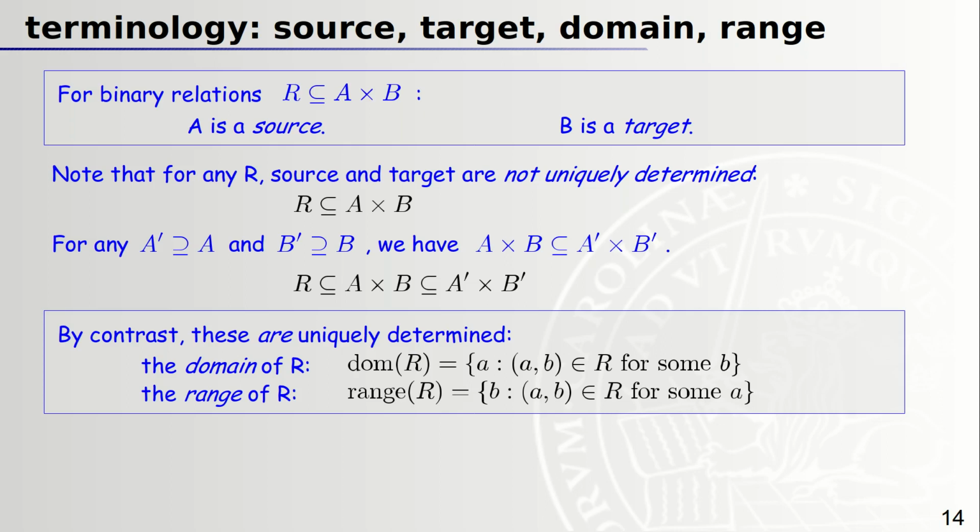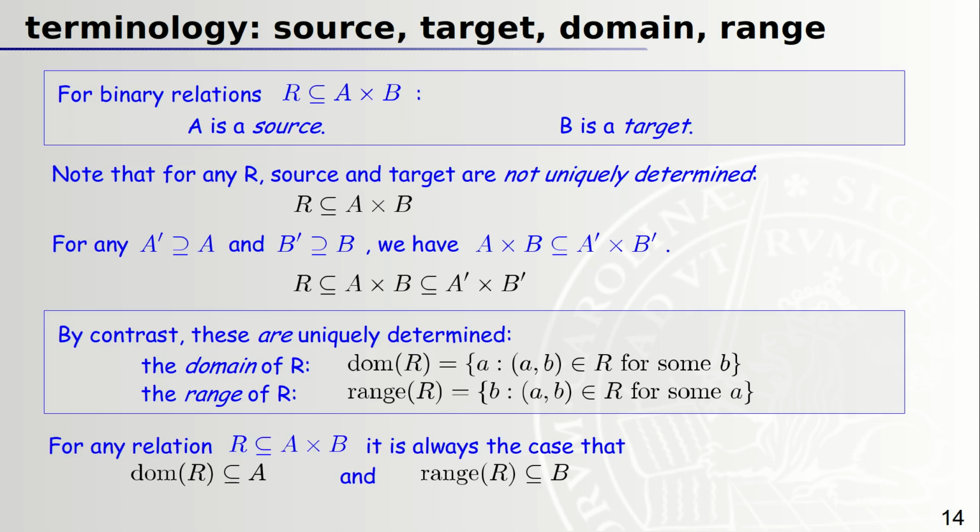Correspondingly, the range of a relation is the set of all right-hand values. That is the set of all values that occur as the second component of at least one pair in the relation. Therefore, it is always the case that the source of a relation must include its domain, and its target must include its range.